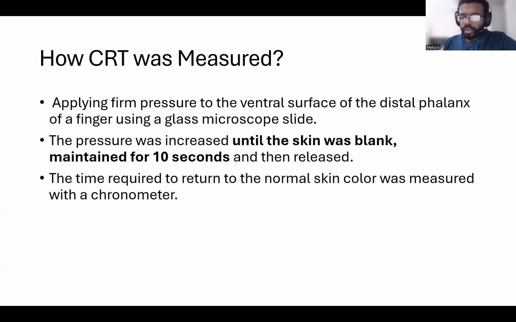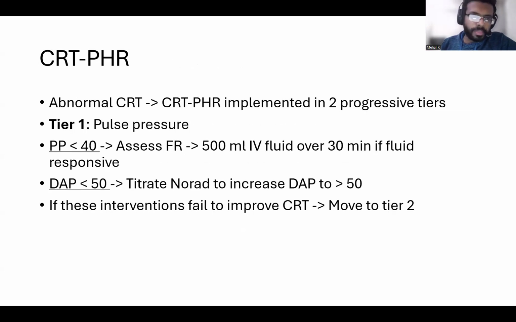We usually just have a visual estimation of whether it looks like more than 3 seconds or not. But these people actually timed the number of seconds it took for the color to return to normal. So if you want to apply this in your clinical practice, you have to consider taking how you measure the CRT somewhat seriously.